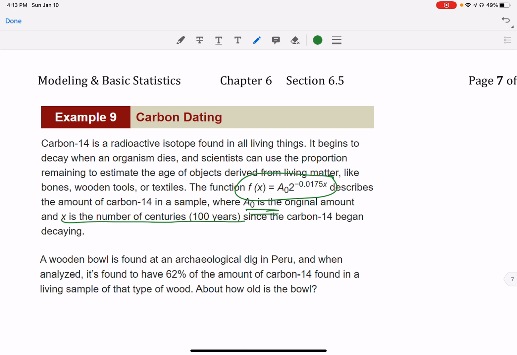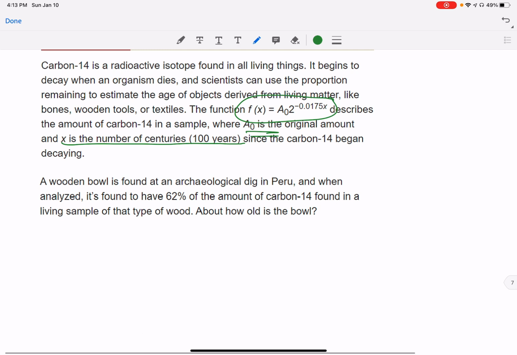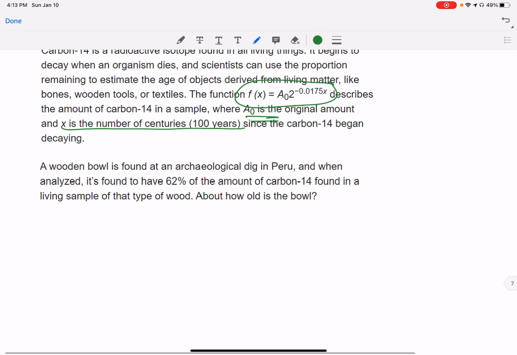So let's plug in our numbers that we have. 62% of the amount of carbon found in a living sample of the type of wood.